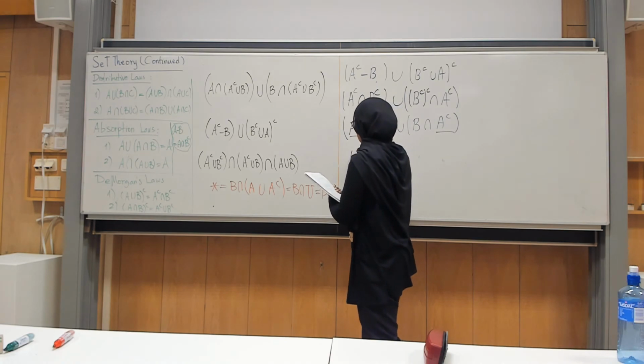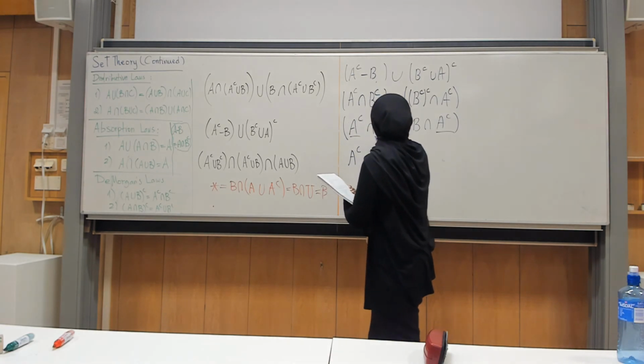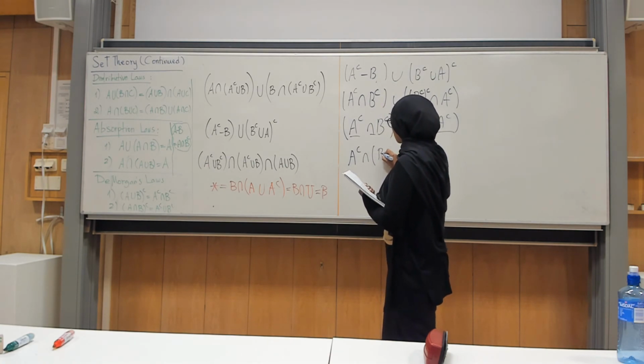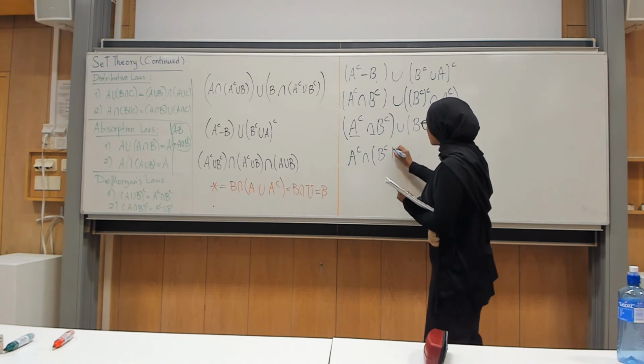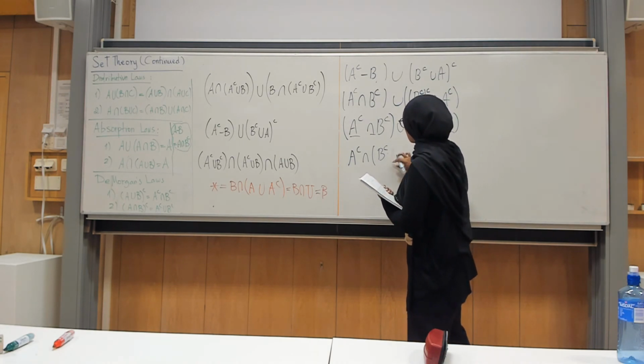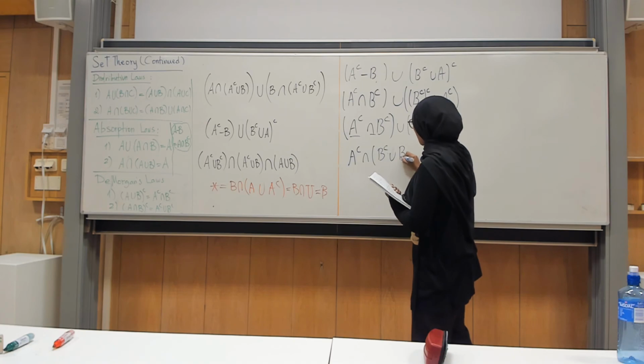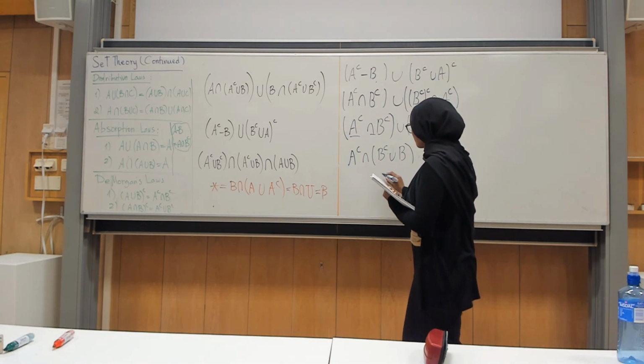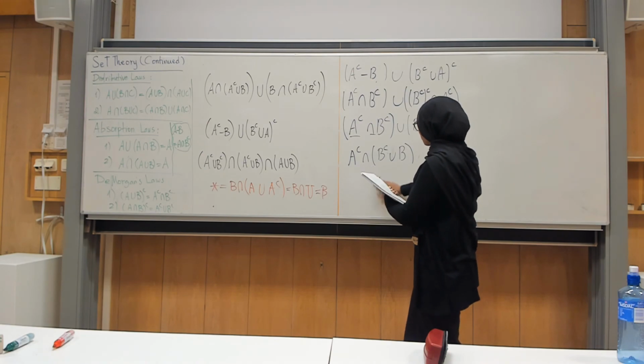out. Exactly. So A complement, and what follows is the intersection, and then in brackets we got B complement left, union B. Union B, brackets, and then you see B complement union B is the universal set.